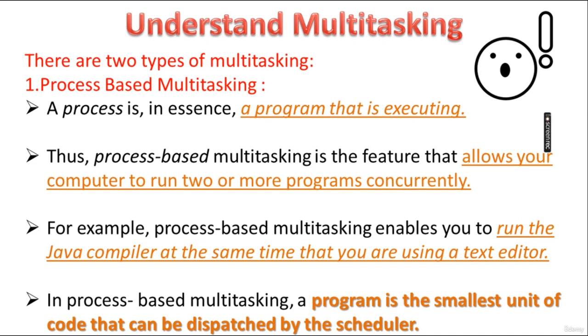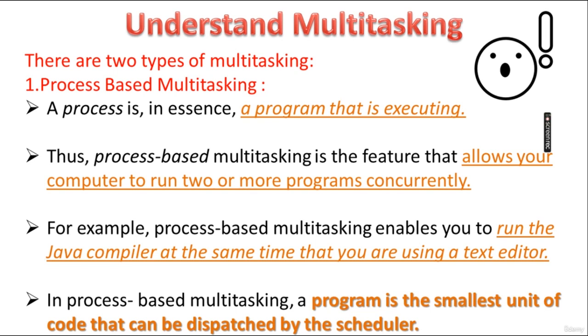A program is the smallest unit of code that can be dispatched by the scheduler. So it is the indivisible part, the smallest unit of code that can be dispatched by the scheduler. The scheduler will decide how much time in milliseconds or seconds to allot for each and every program under execution.